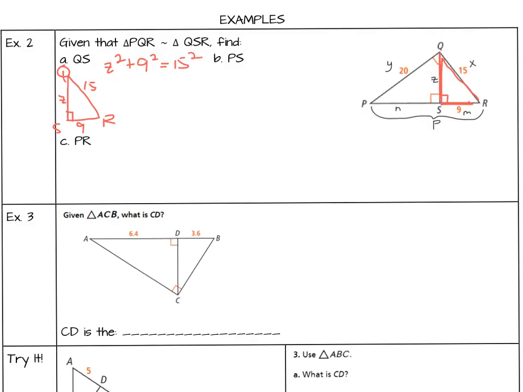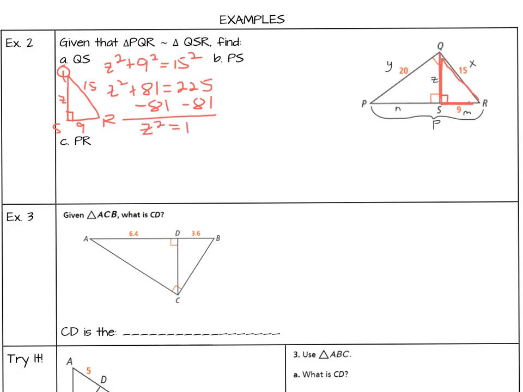Now, if you have a calculator, go ahead and follow along. If not, make sure you know how I'm getting the values that I'm getting. For example, z squared plus, well, 9 squared is 9 times 9, and that's 81. 15 squared is 225. So to get z by itself, we're going to have to move 81 to the other side.